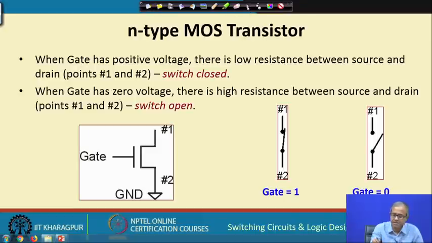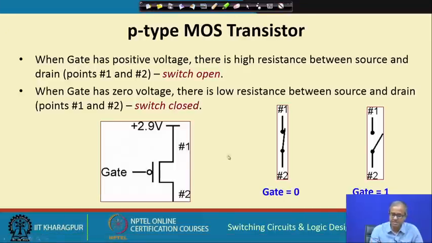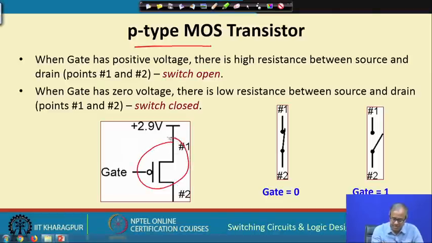But for a P type transistor, the situation is exactly reverse. A P type transistor is represented like this, with a small bubble here, which indicates P type. Here the positive voltage can be anything; I am showing plus 2.9, it can be higher also, 5 volts also.